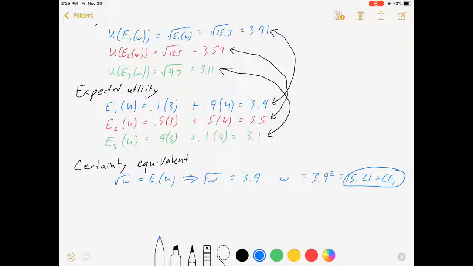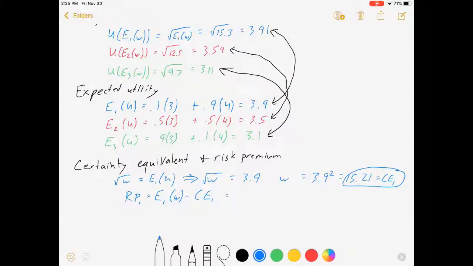I guess I can do that now. So the risk premium is the expected value of W minus the certainty equivalent.